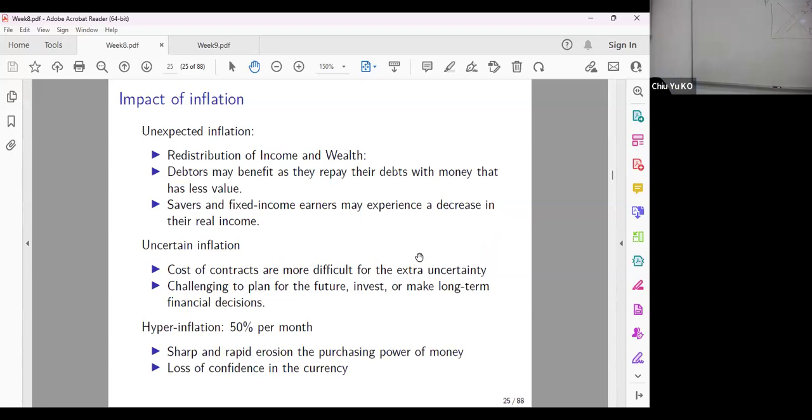There are also certain problems of inflation. The first one is called unexpected inflation. If you don't know the government is printing a lot of money, then when people make long-run plans, that will lead to a lot of money transfer between people.